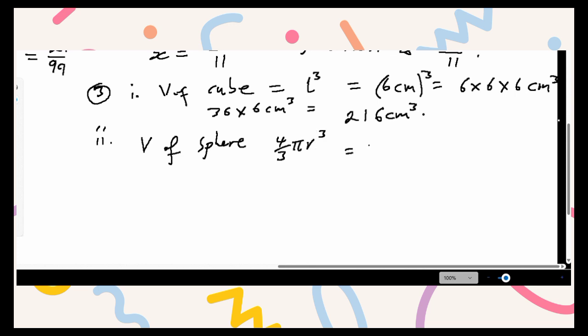This implies that we're going to have 4/3 pi, but the r according to the question is 1. So in place of r, we're going to have 1 cubed, right?